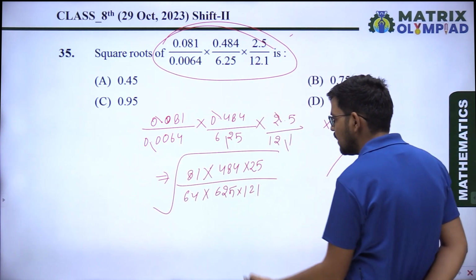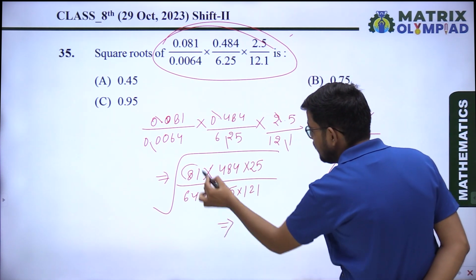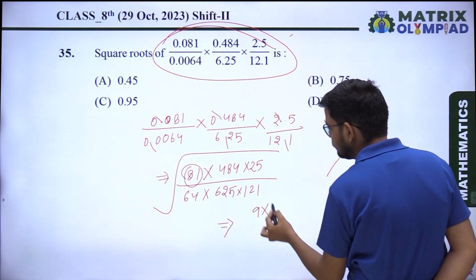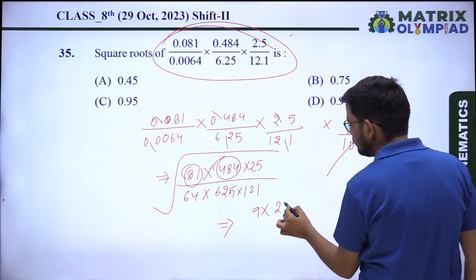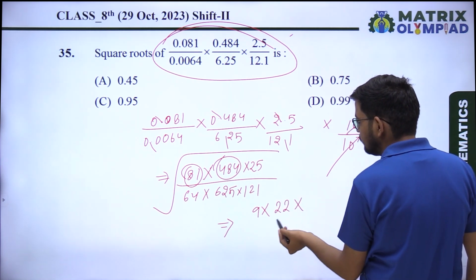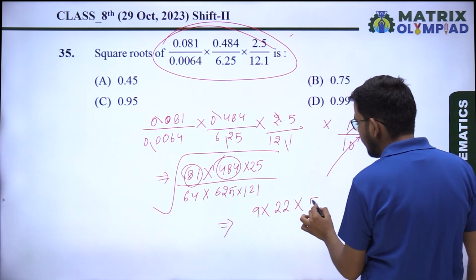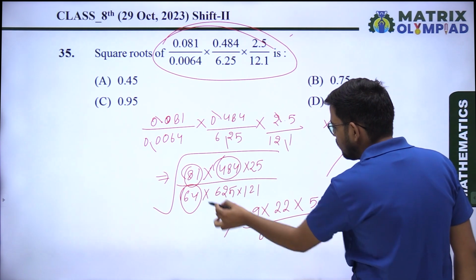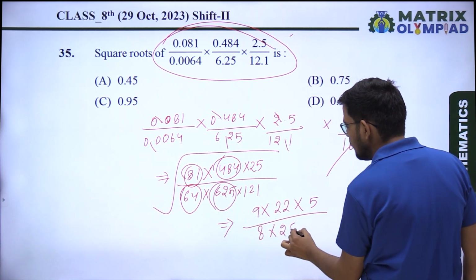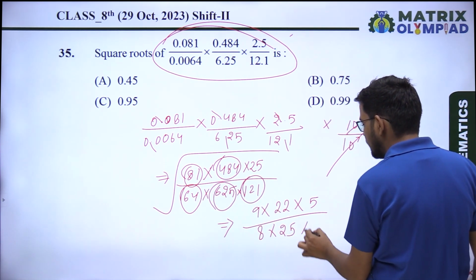Now take the square root. 81's square root is 9. 22 is the square root of 484. 25 is the square of 5. 64 is the square of 8. 625 is the square of 25. 121 is the square of 11.